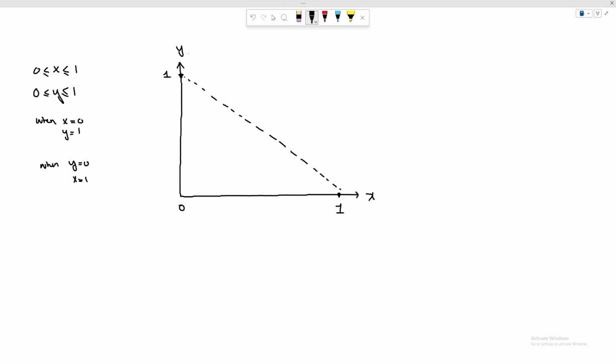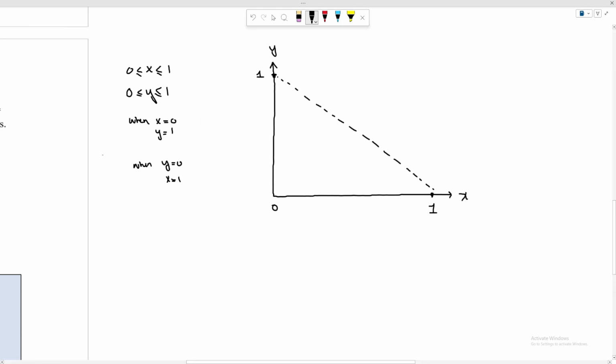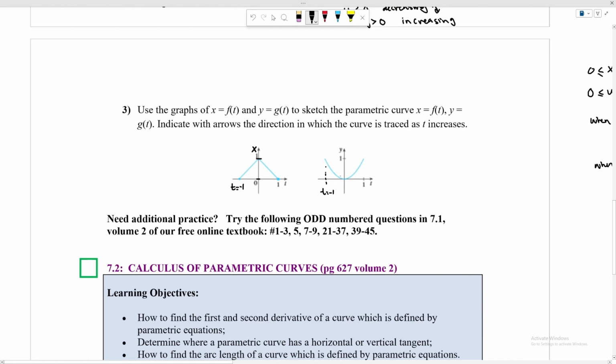But you're probably going to ask yourself, well, is it straight? Is it curved? Is it curved the other way? And what we can say, we can look at this, and we can look at other points. For example, we can estimate when our t equals 0.5 or negative 0.5, then assuming this is where it's at, our y equals 0.5, and looking at x, our x is also 0.5.